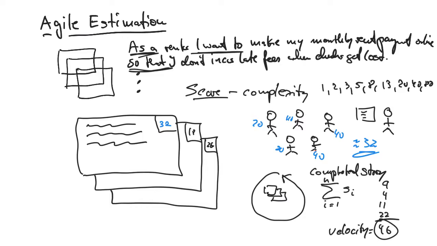And that's your new velocity estimate. It essentially becomes a forecasting problem. But eventually, of course, you have an estimate for a steady state velocity. As you keep going through more and more sprints, the velocity is going to stabilize.